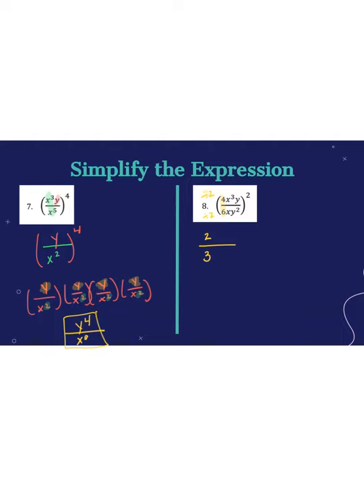Then I'm going to look at my x's, and I have x to the third divided by x. So 3 minus the 1x on the bottom gives me a 2. Because that x to the third is on the top, I'm going to write x to the 2 on the top. Then I'm going to look at my y's.